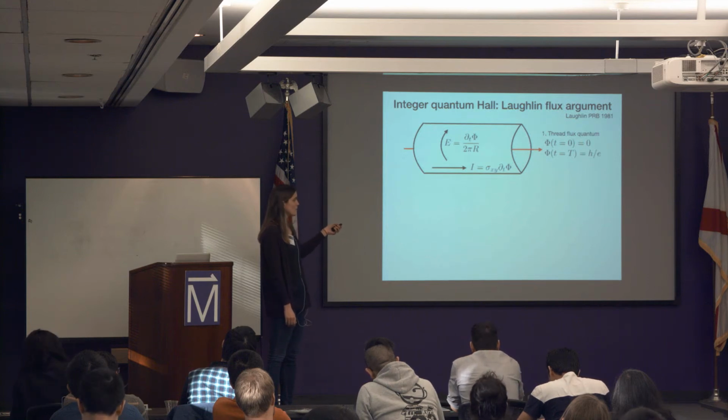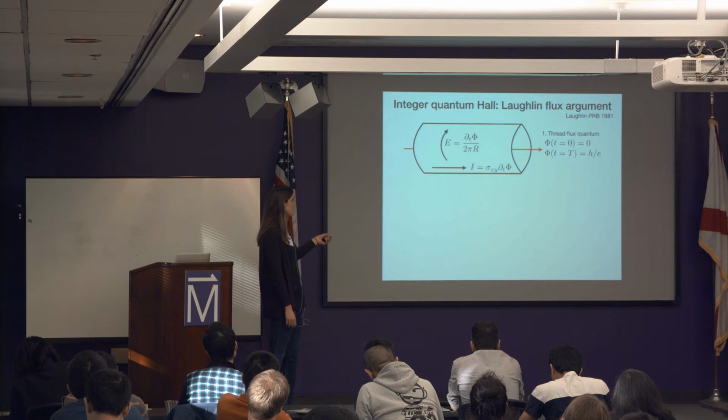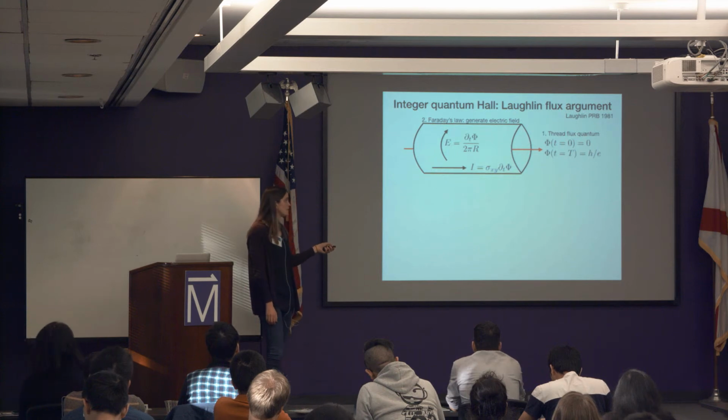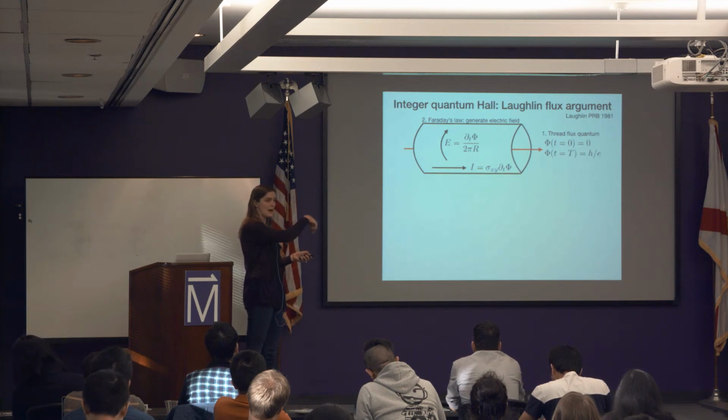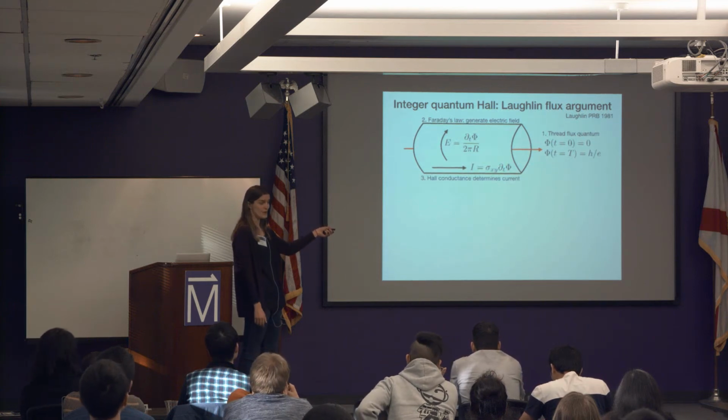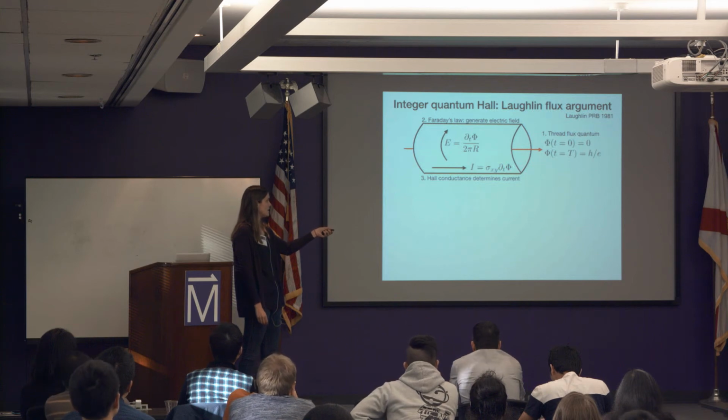According to Faraday's law, this generates an electric field, which winds around where the magnetic flux is. Then, since we have a Hall conductance, that electric field will, of course, give us a current.